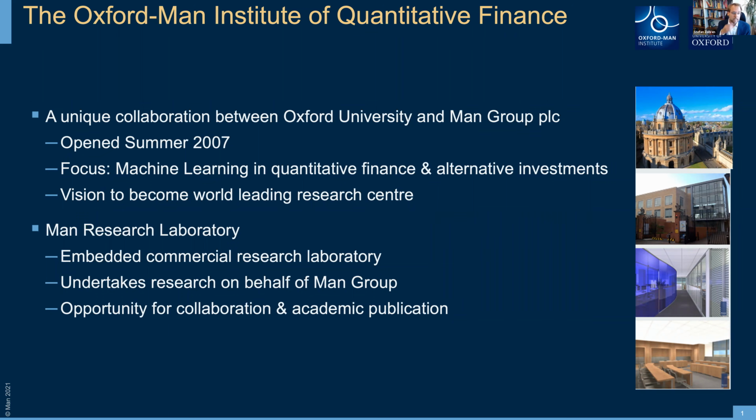What is quite exciting about this institute is that it's also co-located with some of the research labs for Man, which are just in the same building, actually just across the hallway. There's a Man research lab, and that obviously makes for some very good interactions, and also means that our research is at least relevant also to practitioners, which is something very important to us. Our focus here is mainly on machine learning for quantitative finance and alternative investments.